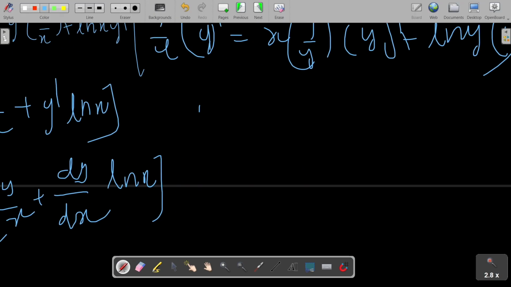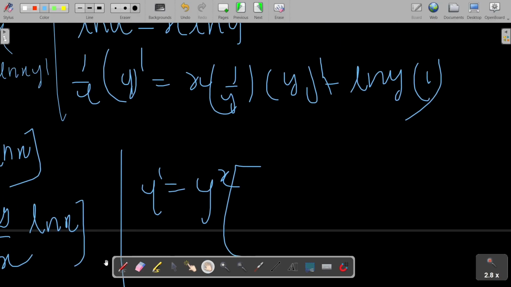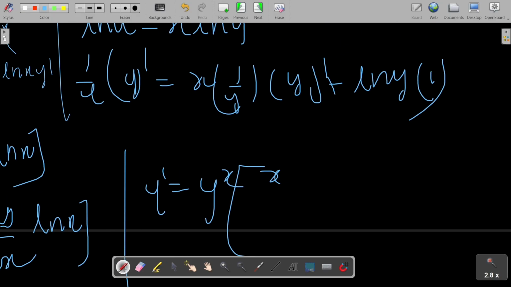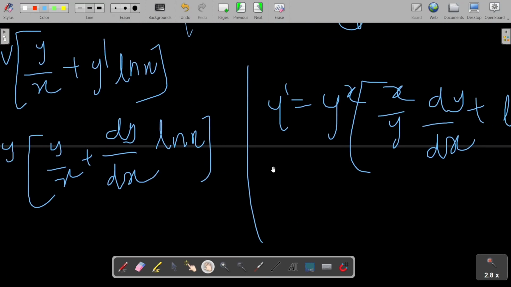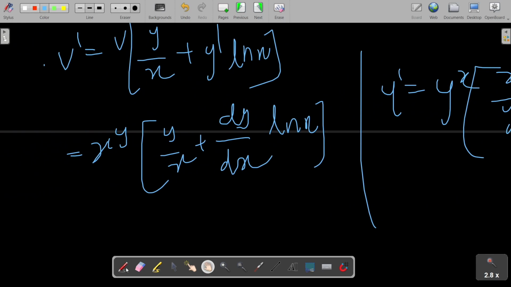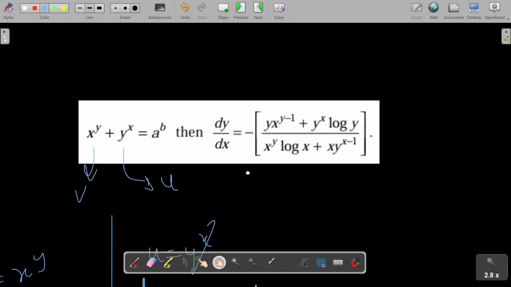And here we have u prime. u is y power x, then I multiply u on both sides. Okay, this is x over y times dy by dx plus ln y. Okay, so I got u prime and v prime right here. This is v prime, this is u prime on the right side.